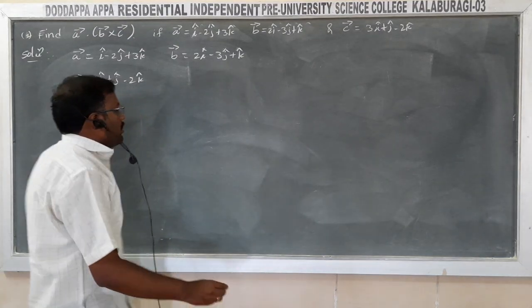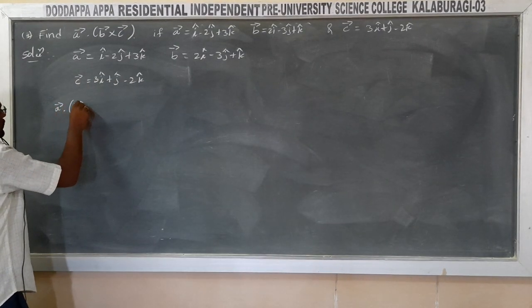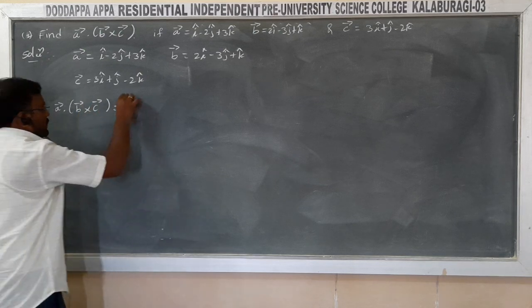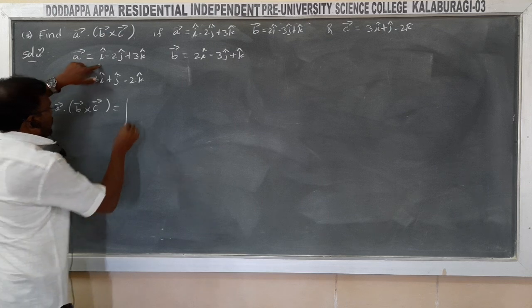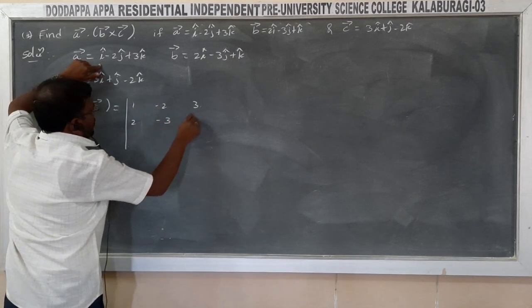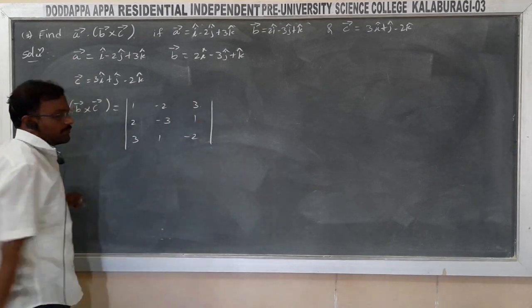Okay. Now you can find out vector A dot of vector B cross vector C. So determinant of vector A value 1, -2, 3, 2, -3, 1, 3, 1, -2.